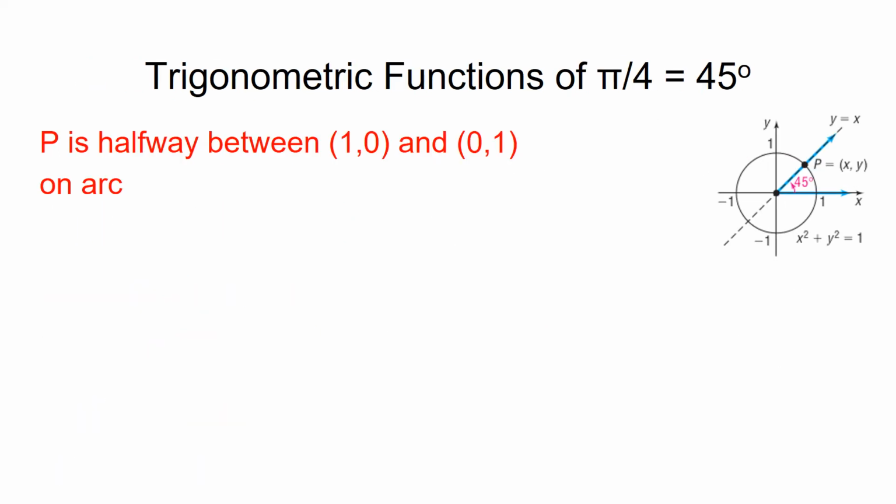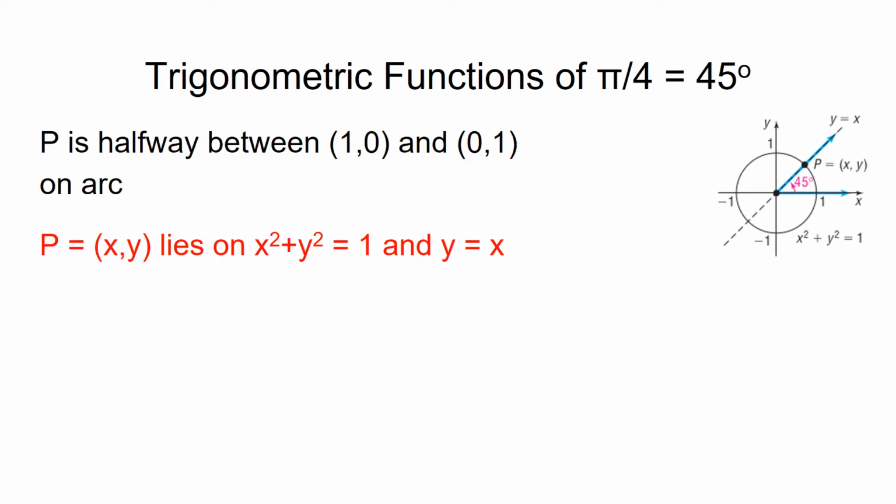Now let's look at the trig functions of pi over 4 radians, or 45 degrees. This angle bisects the 90-degree angle of the unit circle quarter in the first quadrant. So P is lying halfway along the arc of the circle circumference between 1, 0 and 0, 1. In fact, P lies at the intersection point of the circle x squared plus y squared equals 1, and the bisector of the 90-degree angle, y is equal to x.